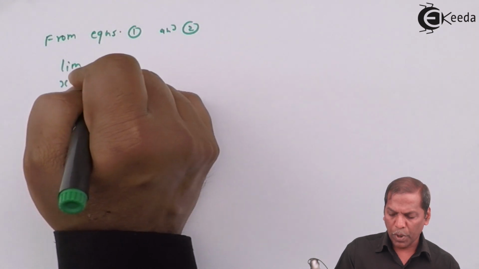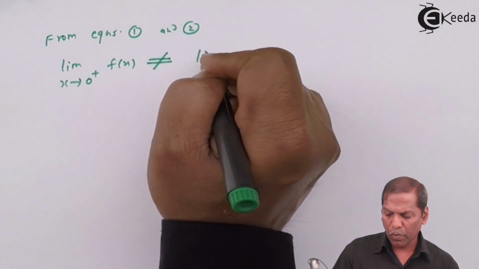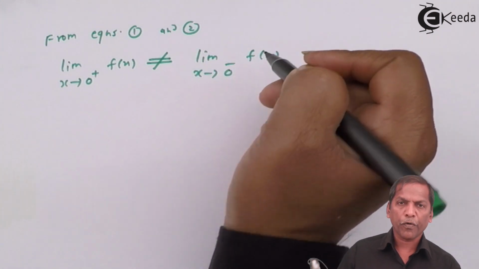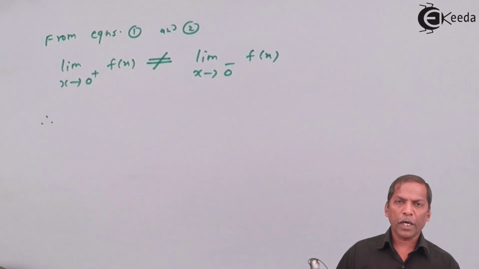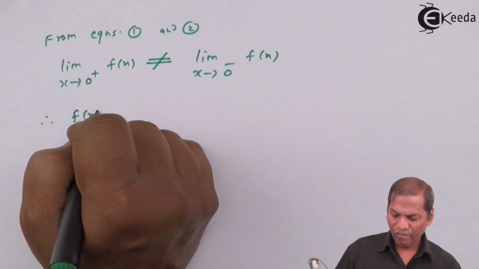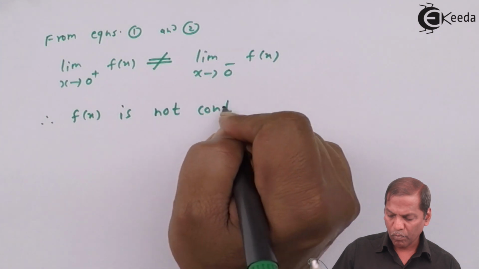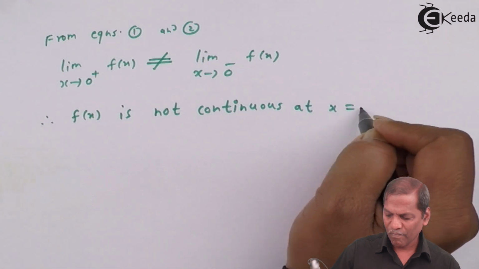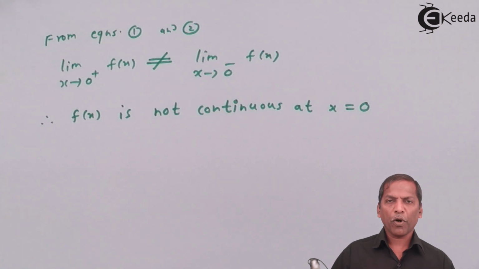Limit x tends to 0 plus f of x is not equal to limit x tends to 0 minus f of x, and therefore the function f of x is not continuous at x equal to 0. So this is the required solution for the given problem. Thank you.